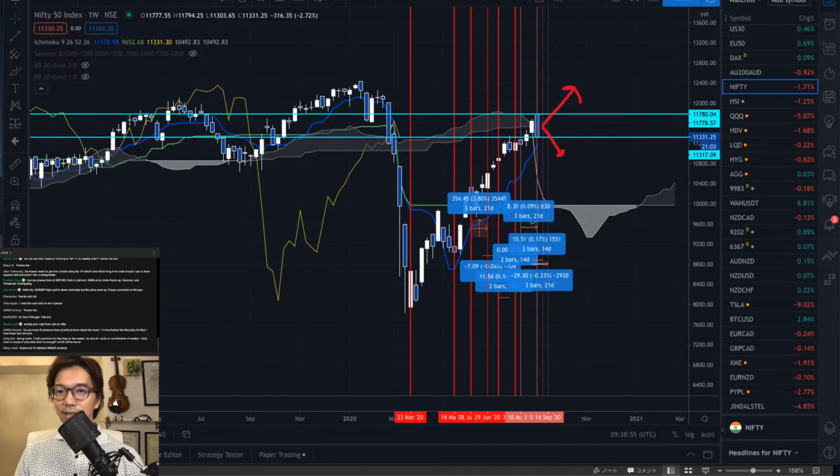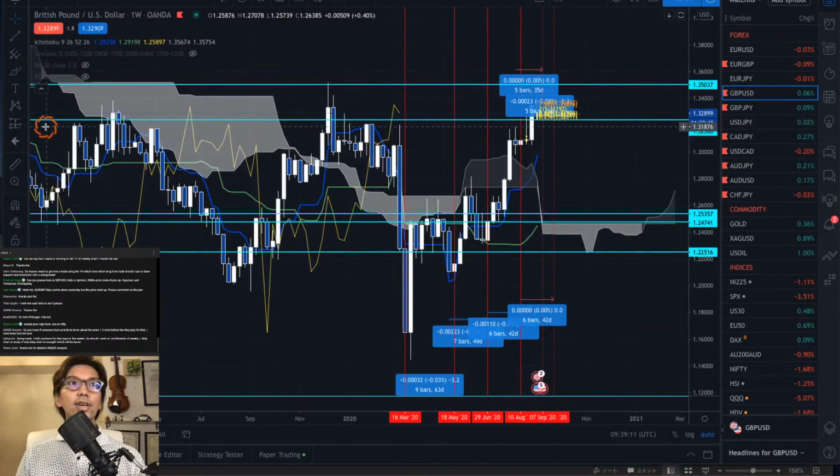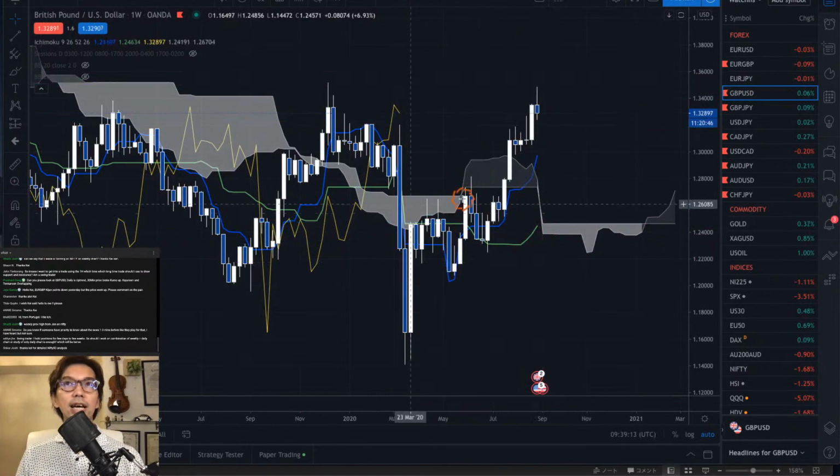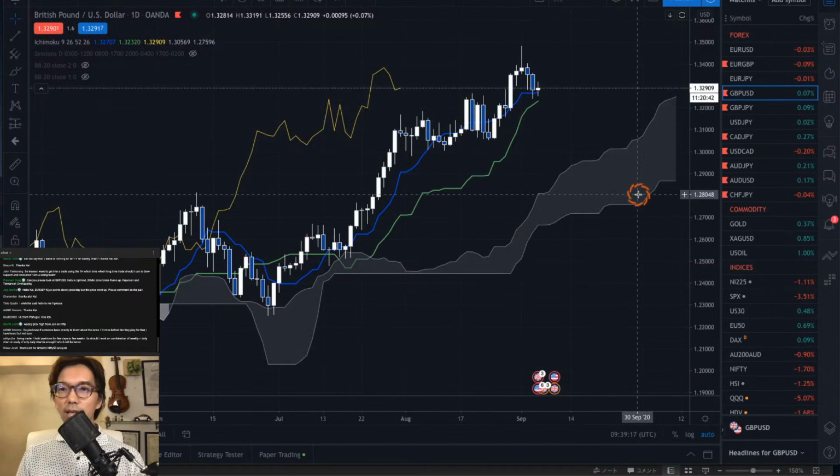Hey Prashant, can you please look at GBP/USD daily chart uptrending, 30-minute chart price broke Kumo upwards, Kijun-sen Tenkan-sen overlapping. Alright, let's take a look at that one. GBP/USD. Let me hide these lines first. Starting from the daily chart, this is still moving up.